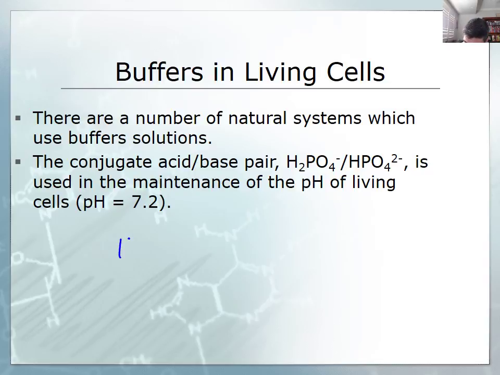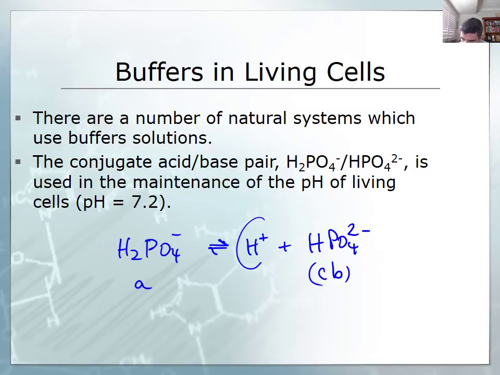The key thing here is if this species is acting as an acid, then the equilibrium exists between the H+ ion and the HPO4 2- ion. So this is the acid and this is the conjugate base here. Of course we know that the H+ is actually going to be represented by a hydronium ion, but it's for simplicity's sake that we write it this way.